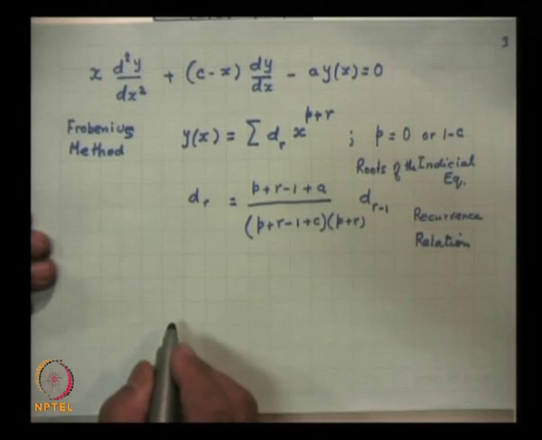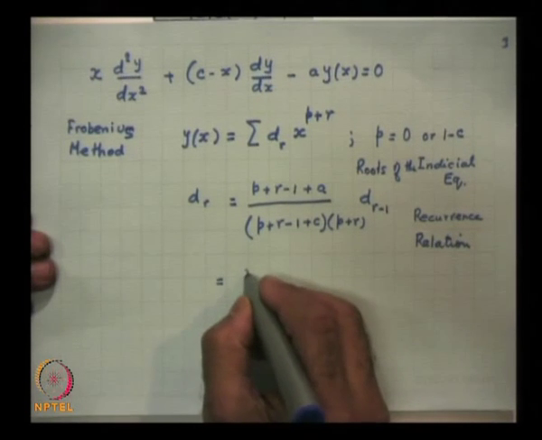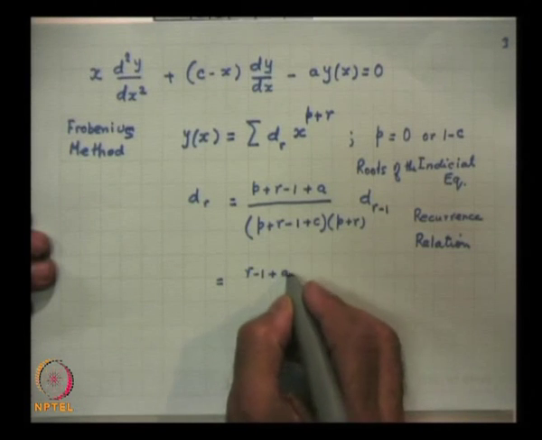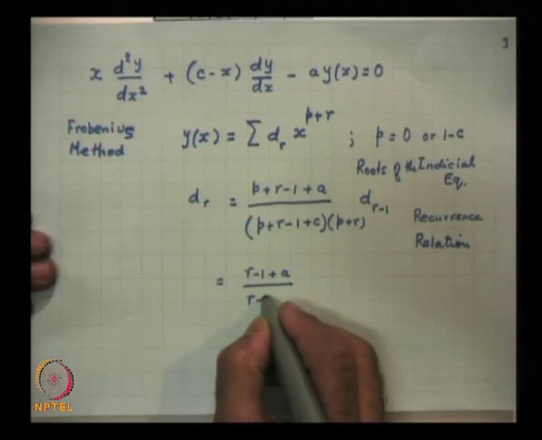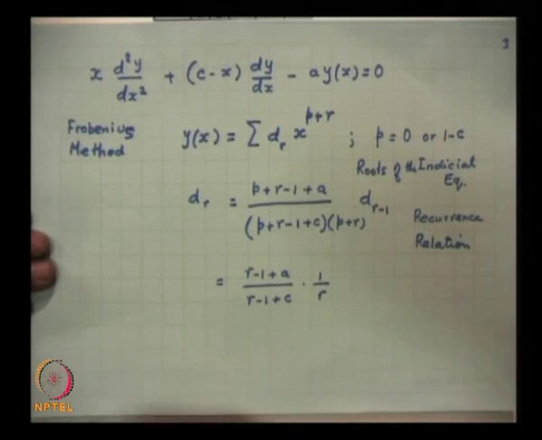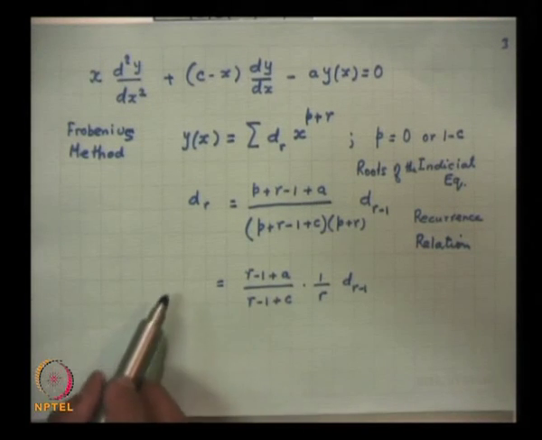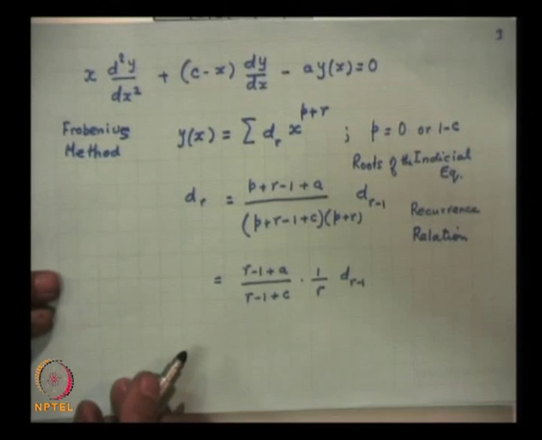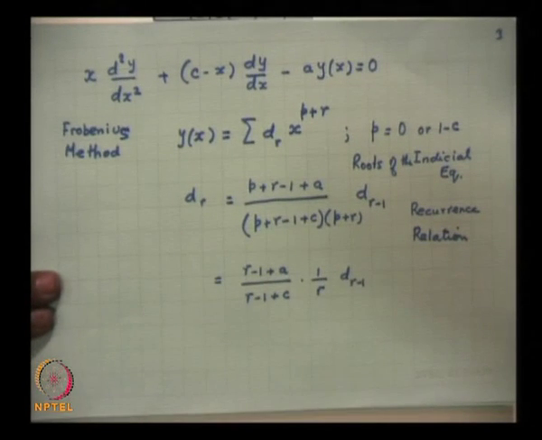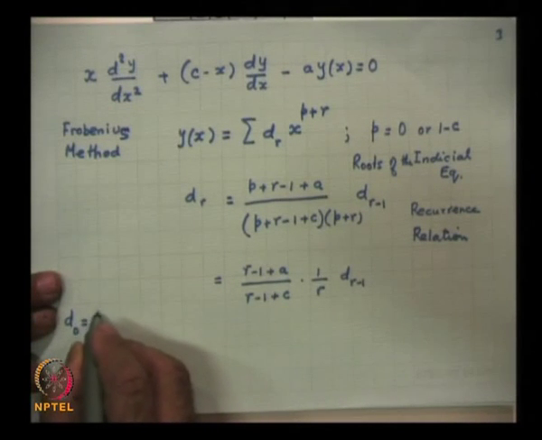Let me take p equal to 0 first, and so we have d_r equal to (r minus 1 plus a) divided by (r minus 1 plus c) divided by r, multiplied by d_(r minus 1). Using this relation, we calculated d1 in terms of d0, d2 in terms of d1, and so on.